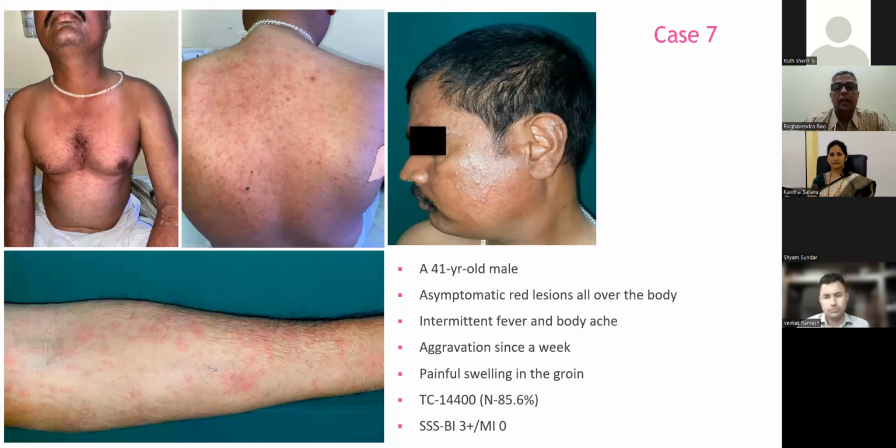Biopsy confirmed the diagnosis of Hansen's disease, and he was started on MDT with tapering doses of steroids because he had a reaction, with which he had complete resolution of his skin lesions. In fact, I happened to see him on Saturday, and he was doing extremely well. There are no lesions at all.